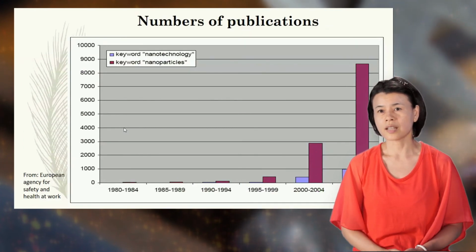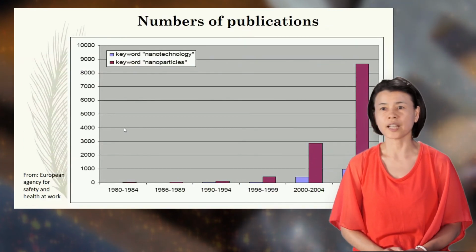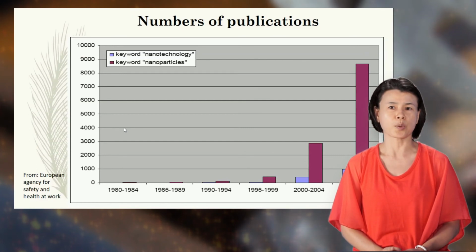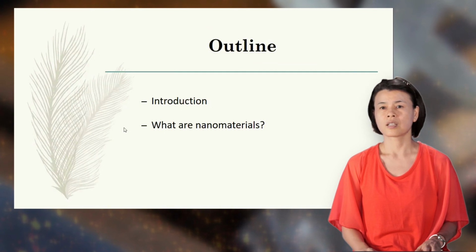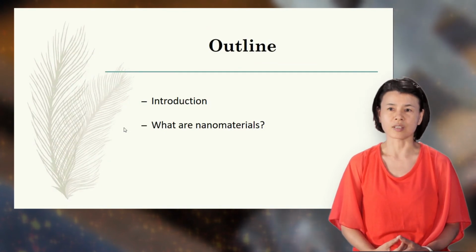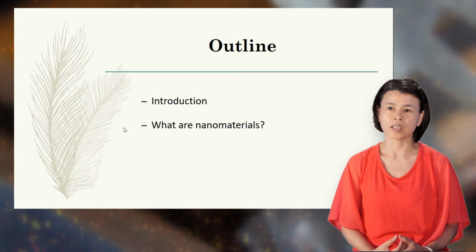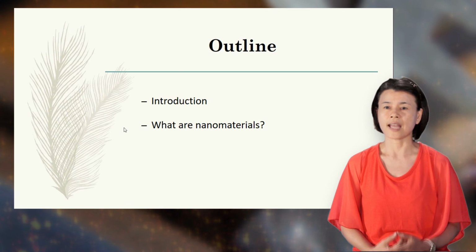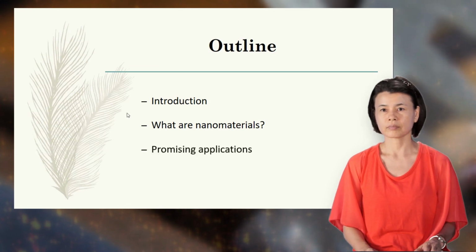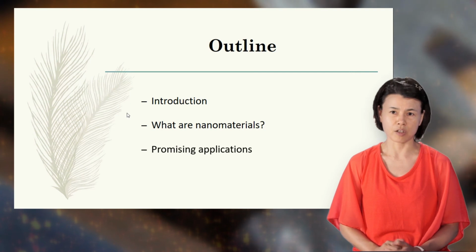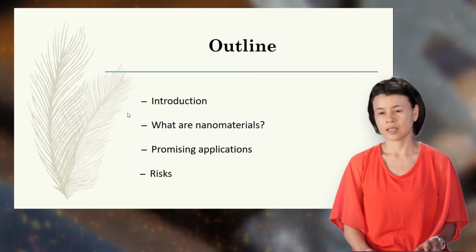In addition, the number of publications on nanotechnology and nanoparticles is increasing at an incredible rate. So far, we have covered the introduction and explained what nanomaterials are, including the definition, categories, and effects. Next, we will introduce some promising applications and its risks.